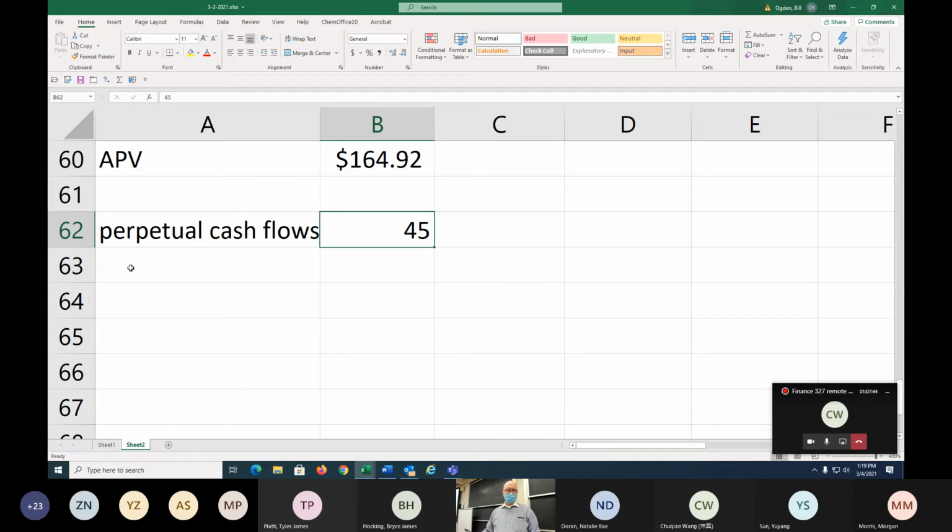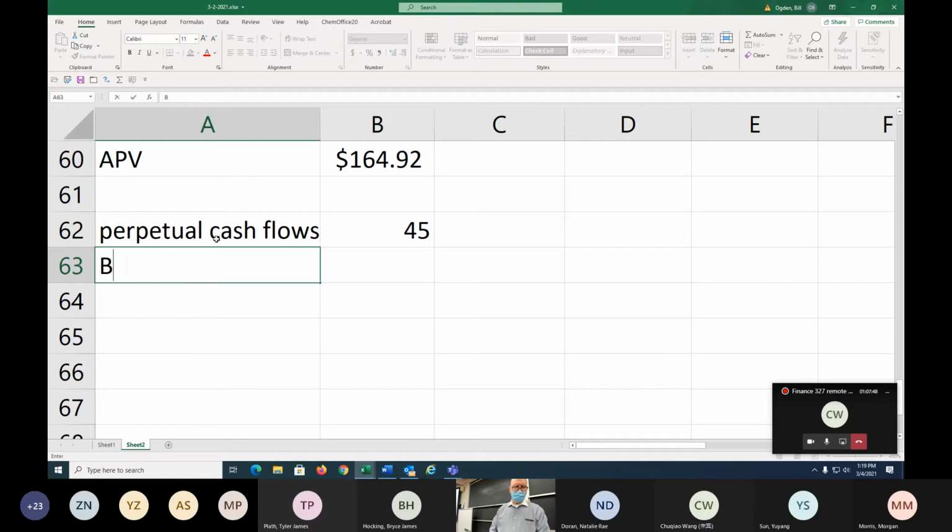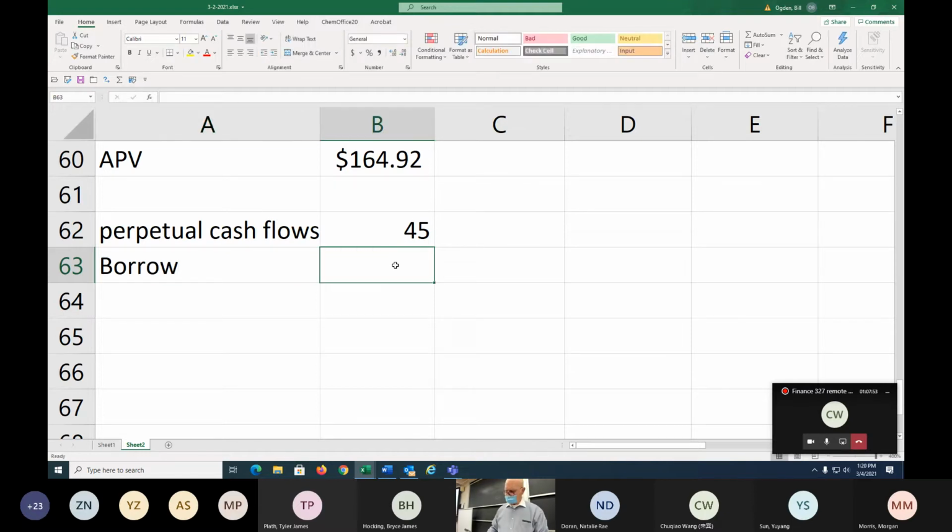Okay, and let's say let's borrow 100 against it. All right. Would you please value this project for me correctly? And let's go through all these again.